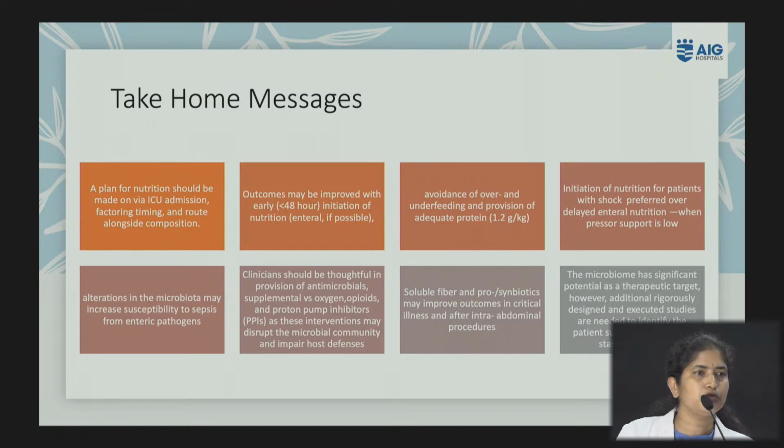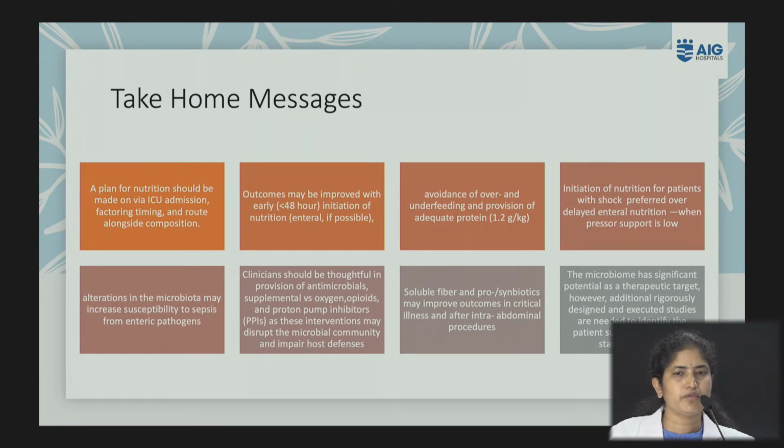Whenever you implement nutrition, it has to be early and it has to be progressed slowly. Within 48 hours of admission, the nutrition has to be started. It has to be moderate calories and low protein, especially when you're dealing with critically ill patients with baseline AKI.